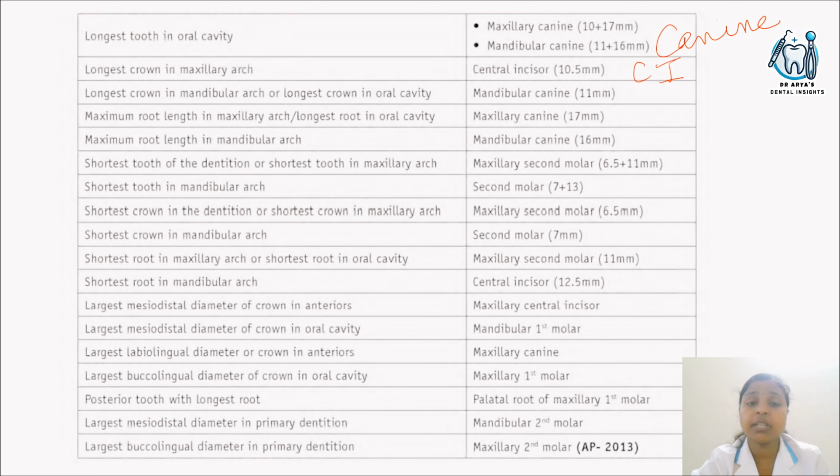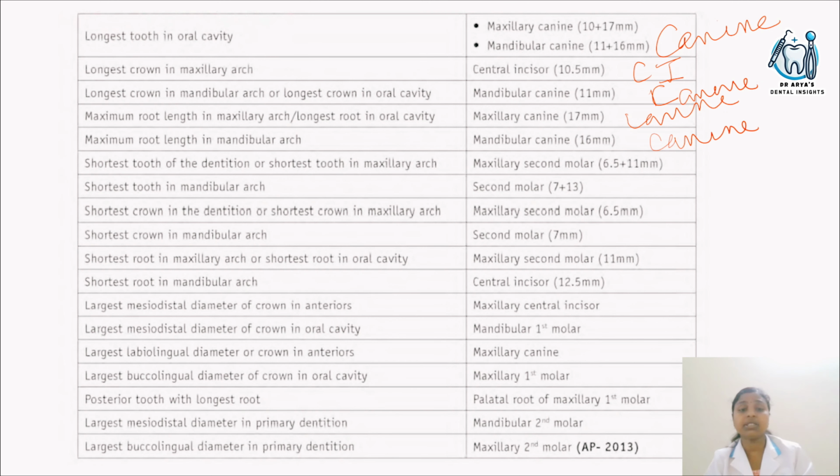Longest crown in mandibular arch is mandibular canine, that is 11 mm. Maximum root length in maxillary arch, or longest root in oral cavity, is maxillary canine. Maximum root length in mandibular arch is also canine, that is for mandibular canine 16 mm.